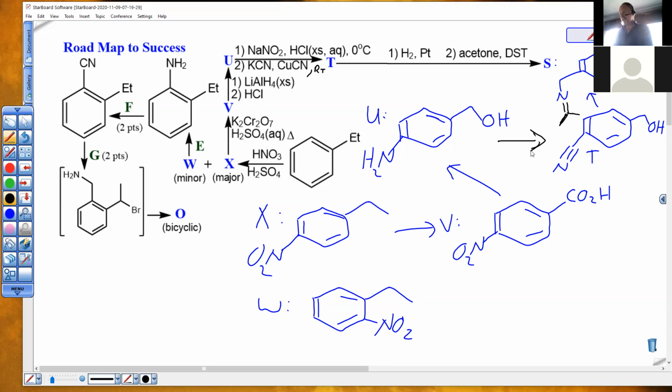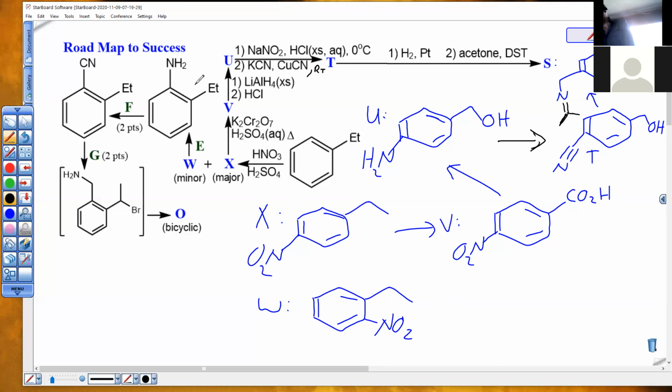Now we have to take our W right here and reagents E. And it looks like we have an NO2 ortho to an NH2. Here we have an NH2 ortho to a C. What did I say this was? It's an ethyl to an ethyl. It looks like the ethyl stays the same.